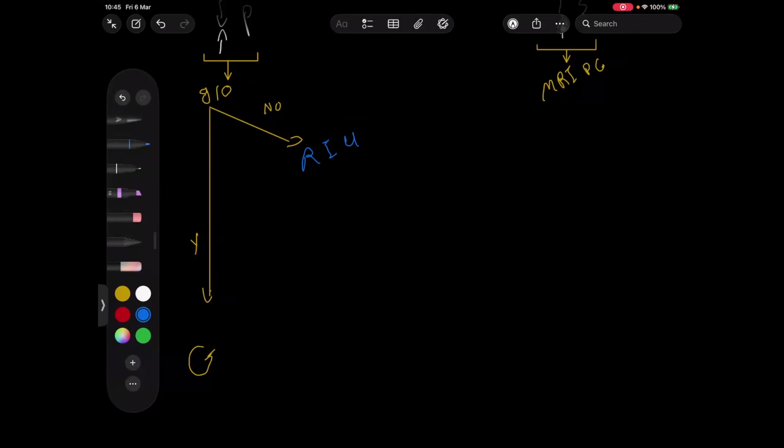When you are doing your radioactive iodine uptake, two things could happen here, as usual: it's either going to be high or low.